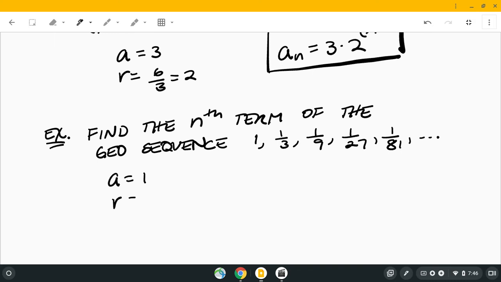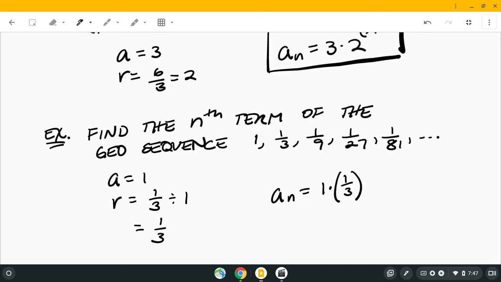We need R. R is, I can find it, 1/3 divided by 1. So R is 1/3. Now that I have both A and R, I can write my nth term formula. AN is first term, which is 1, times R, which is 1/3, raised to the n minus 1.